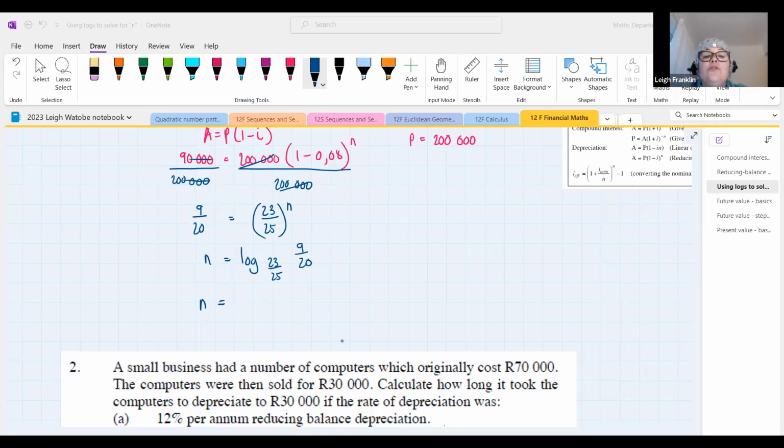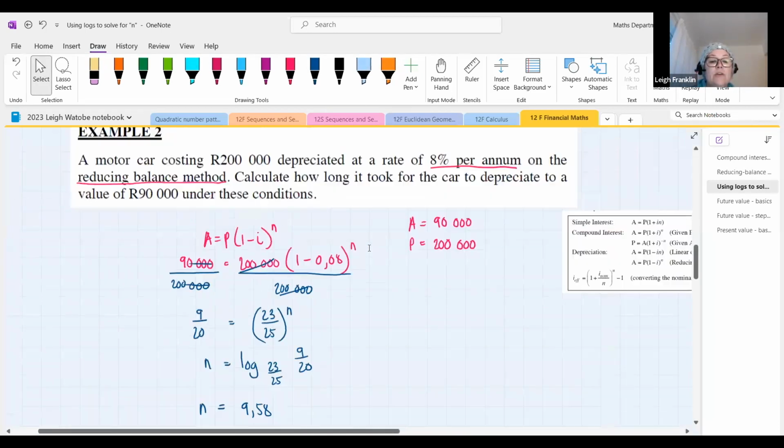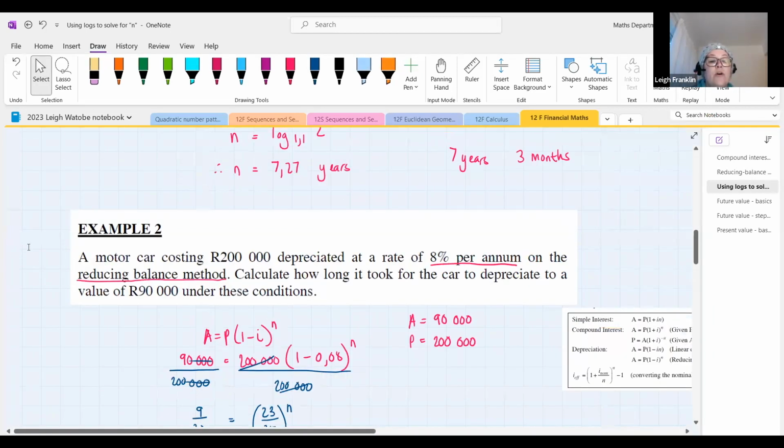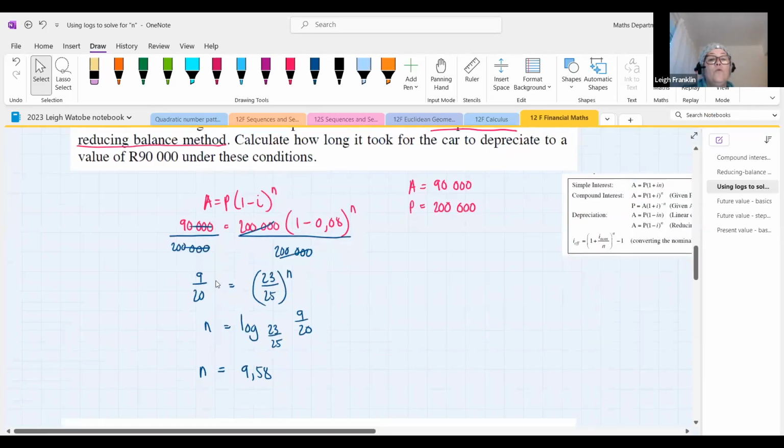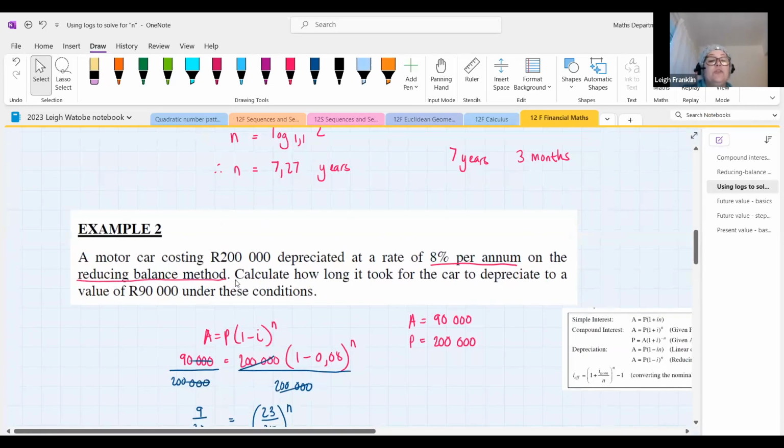You've got to look at the third decimal place to tell you how to round to 2 decimal places. So 9.58 is perfect. So 9.58 years for the car to depreciate from 200,000 to 90,000 at an interest rate of 8%.